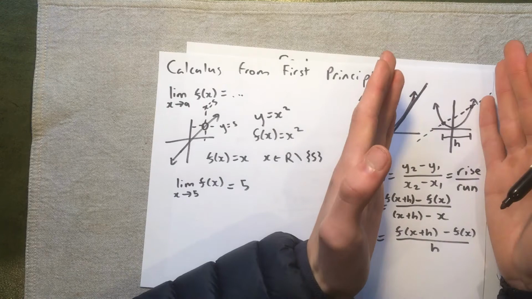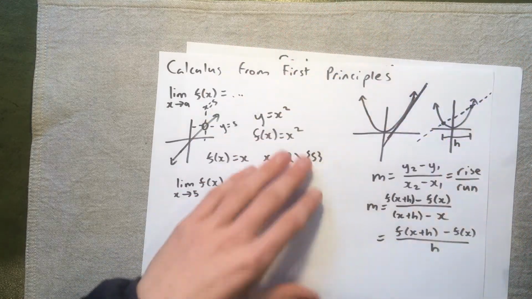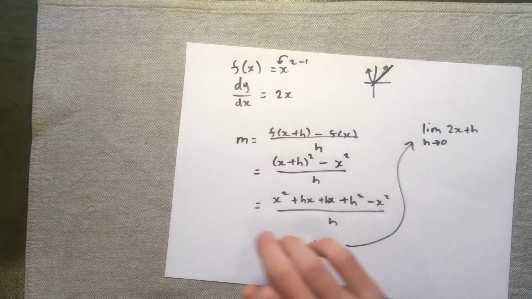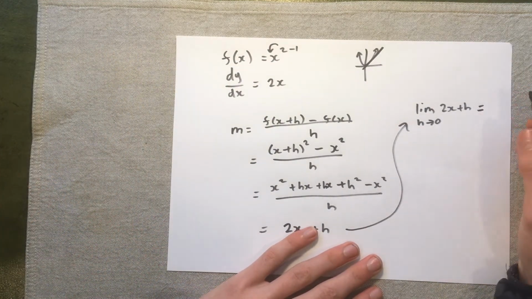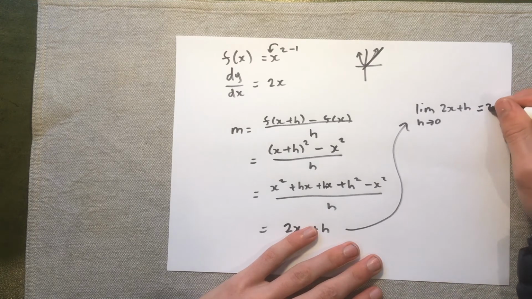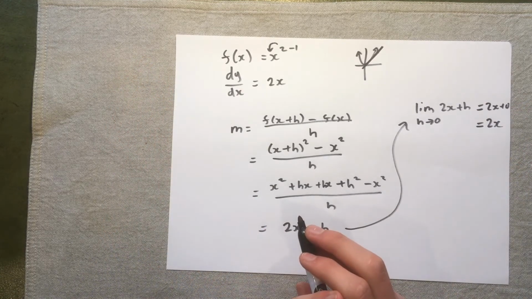The distance between the x values is going to get so small that we can essentially call it 0. That is to find the tangent. So if h is essentially 0, we can just do 2x plus 0, and that means our derivative of this graph from first principles is indeed 2x.